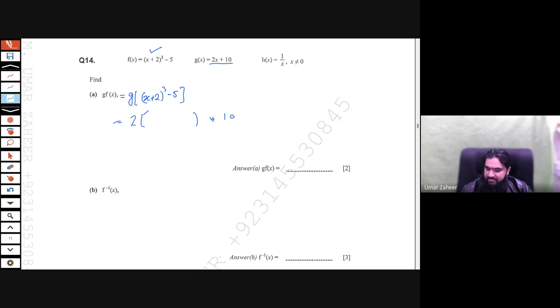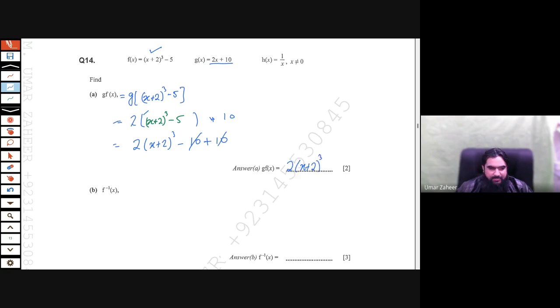At the place of x, I will substitute (x + 2)^3 - 5. So it will be 2 into (x + 2)^3 minus 2 times 5, which is 10, plus 10. It is cancelled out. So you will get the final answer 2 into (x + 2)^3.